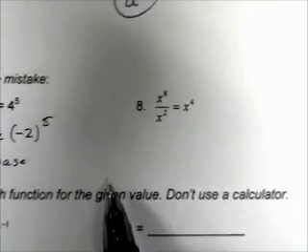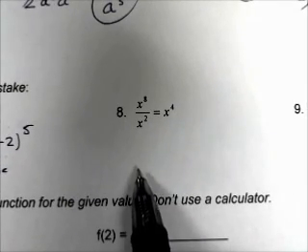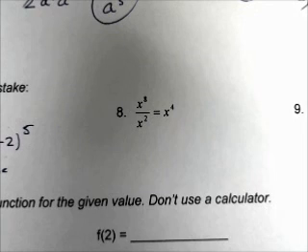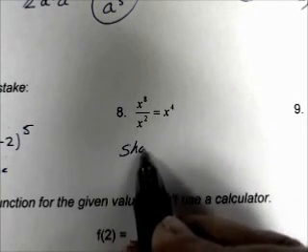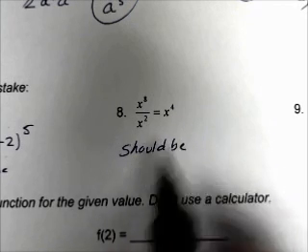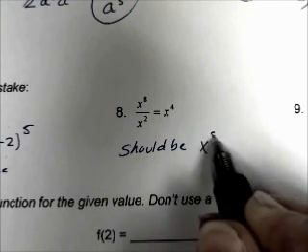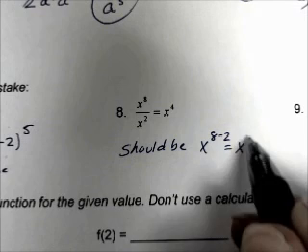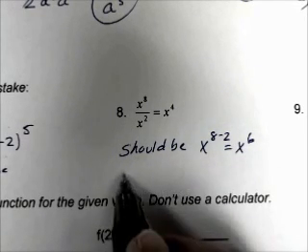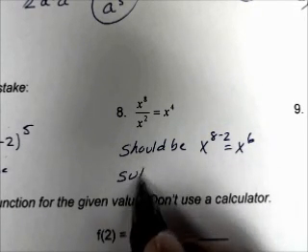Number 8, x to the 8th divided by x squared is equal to x to the 4th. That's a mistake. Should be x to the 8 minus 2, which is x to the 6th. Right? You subtract the exponents. You don't divide the exponents.